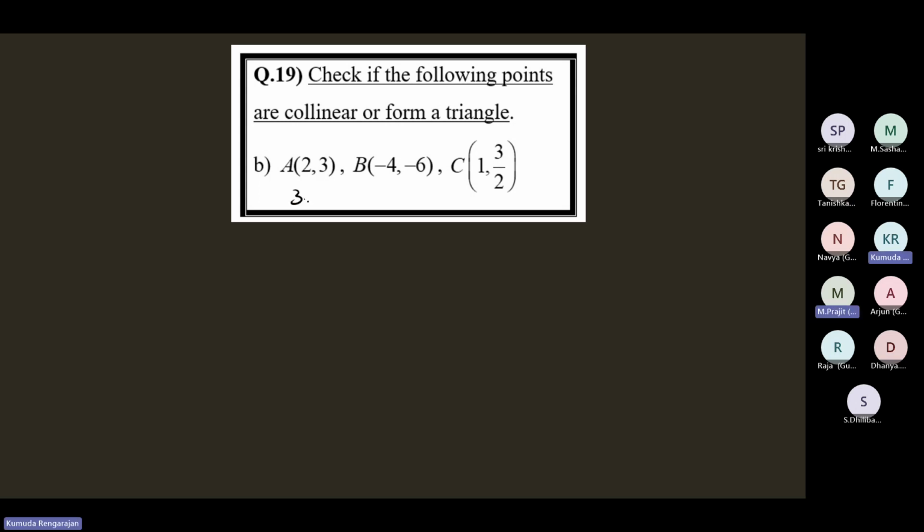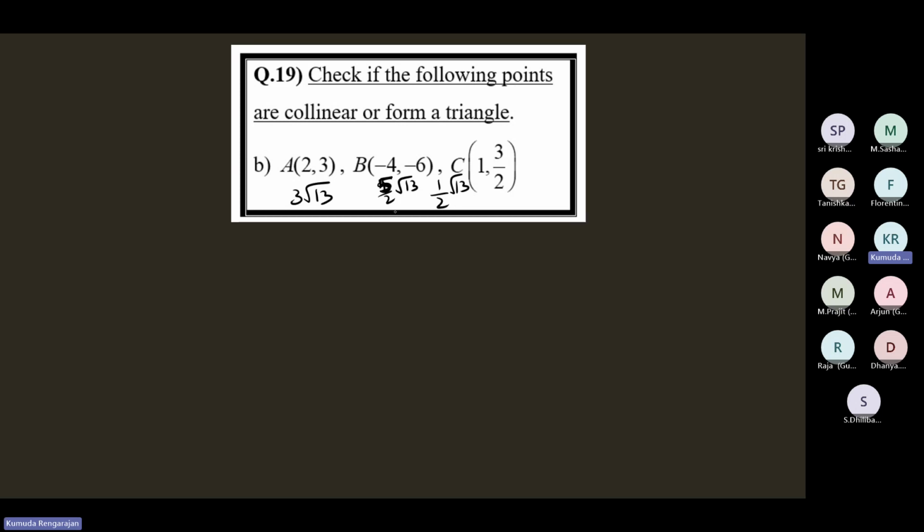BC is 5 by 2 root 13. And then AC is root 13 by 2, so that means 1 by 2 root 13.